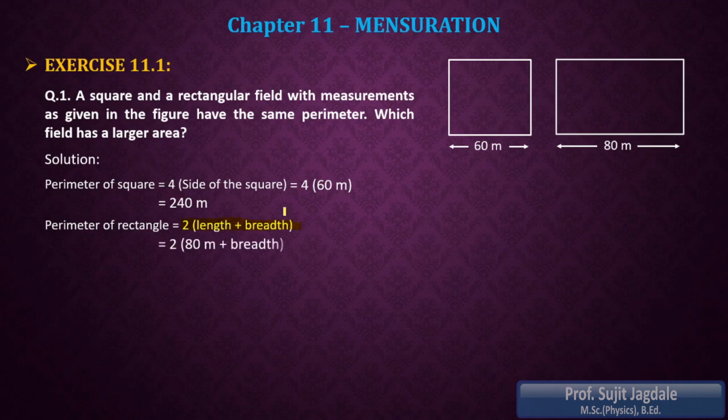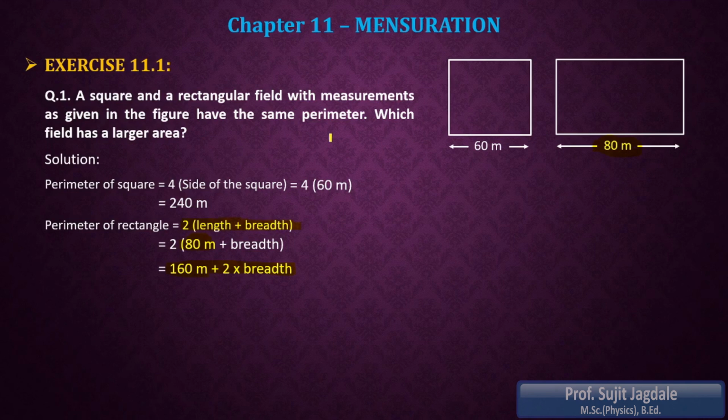Here breadth is unknown, so we keep it as it is, and instead of length we put the value 80 meter, which is given. Now multiply these values by 2. We are considering the product of a monomial and a binomial that we studied in the previous lesson number 9, so you can watch those videos also. Here 2 into 80 is 160 meter, and 2 into breadth is 2 times breadth. So we have 160 plus 2 times breadth.